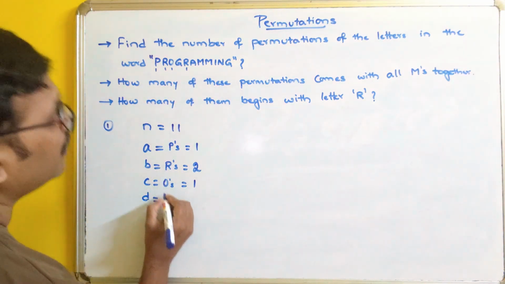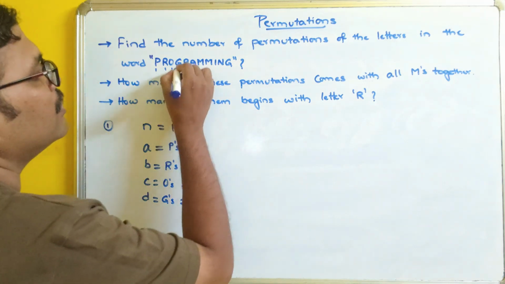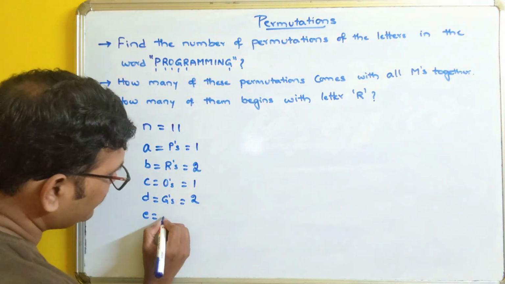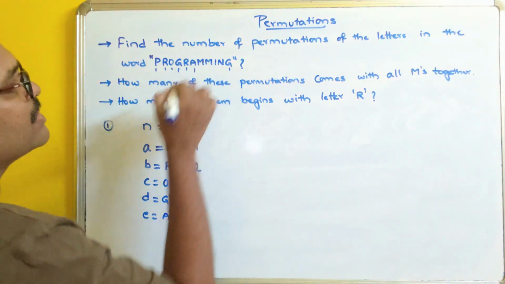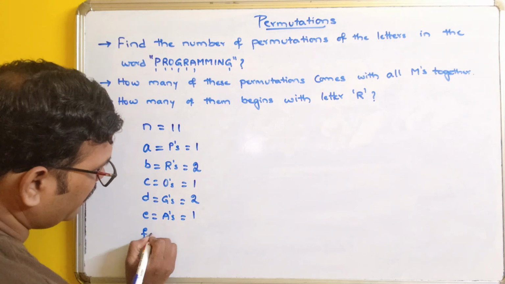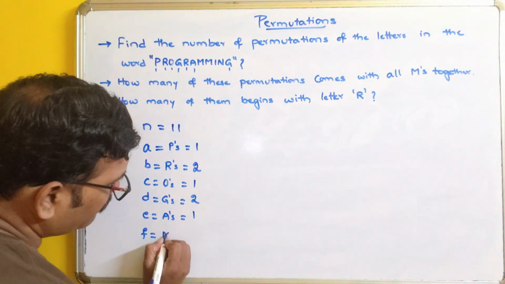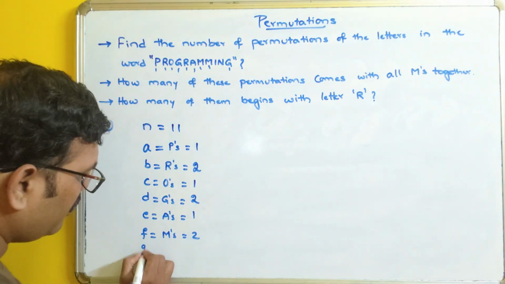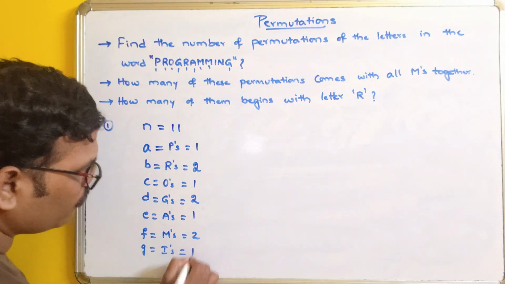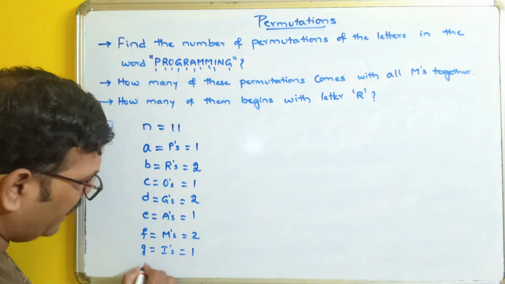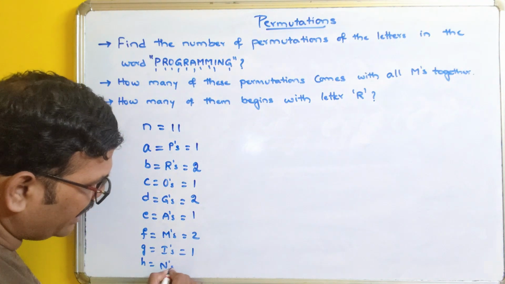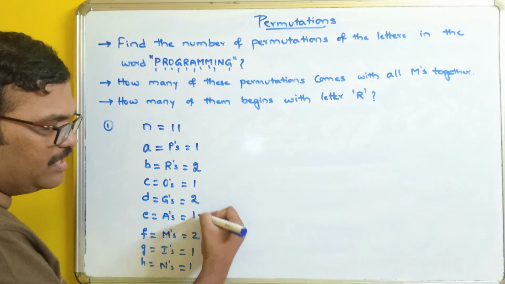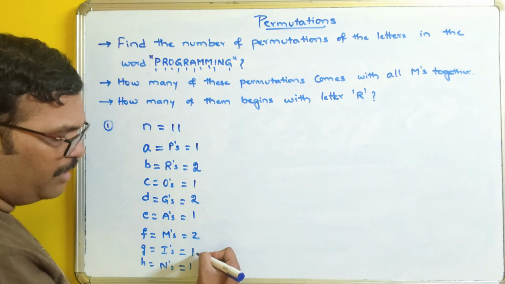And d, the number of G's, so 1, 2. And e, the number of A's, which is 1. And f, the alphabet M, which is 2. And the number of I's, which is 1, only one occurrence here. And the number of N's, 1. So you can count here: 1 plus 2, 3, 3 plus 1, 4, 4 plus 2, 6, 6 plus 1, 7, 7 plus 2, 9, 9 plus 1, 10, 10 plus 1, 11.